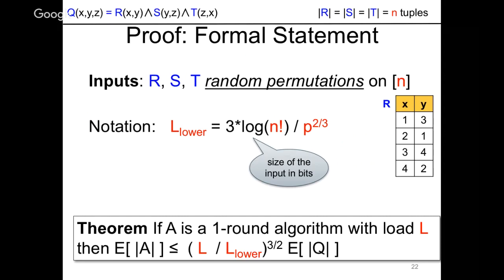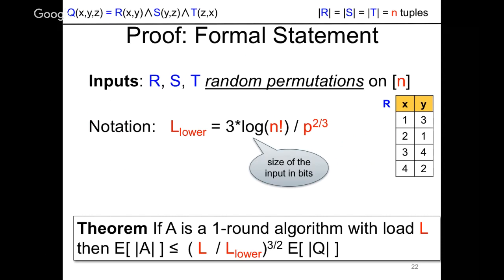This is a notation that I'm going to use for the next few slides, L sub lower. This is the bound that every algorithm needs to pay in order to compute the triangles over random permutations. Notice that however you define skew, random permutations are not skewed. Every single value occurs exactly once in the database.